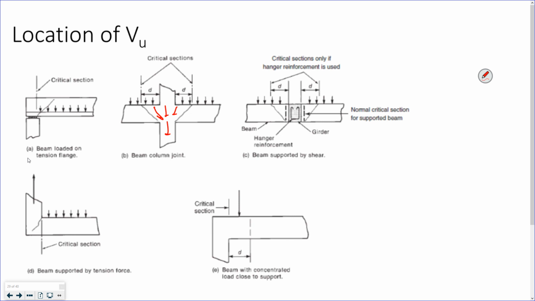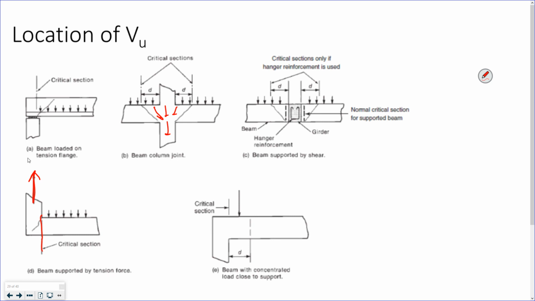This one also works. Beam supported by tension force, right? If you've got this hanging thing right here, now you're in tension, so you can't go out a distance d. You have to take the shear right at that face.